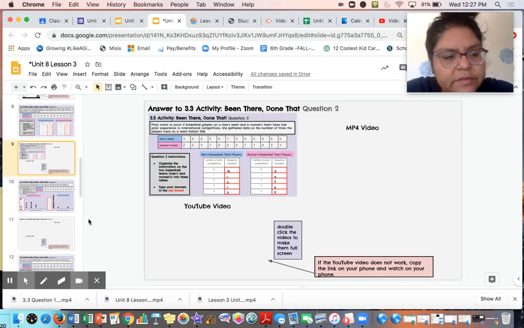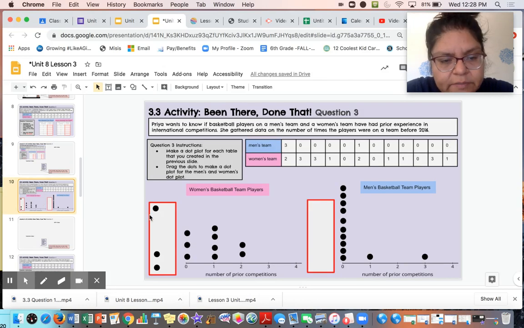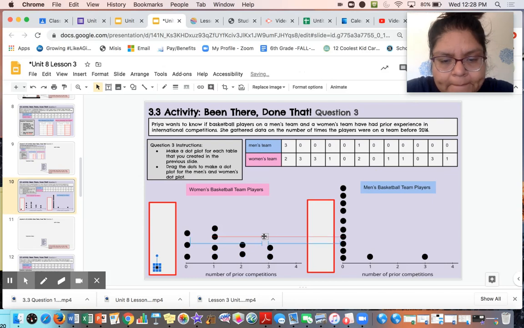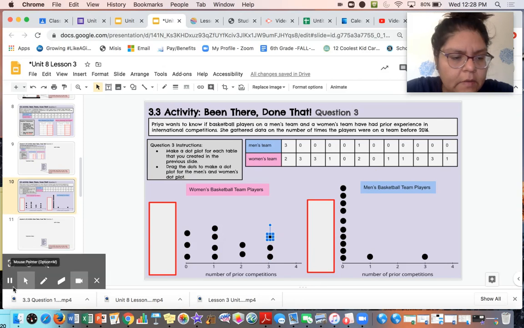Next to the 3, there's a 3, so that confirms that we need to place 3 dots above the 3. And again, the dots represent how many people answer that question. Okay, and there you go.